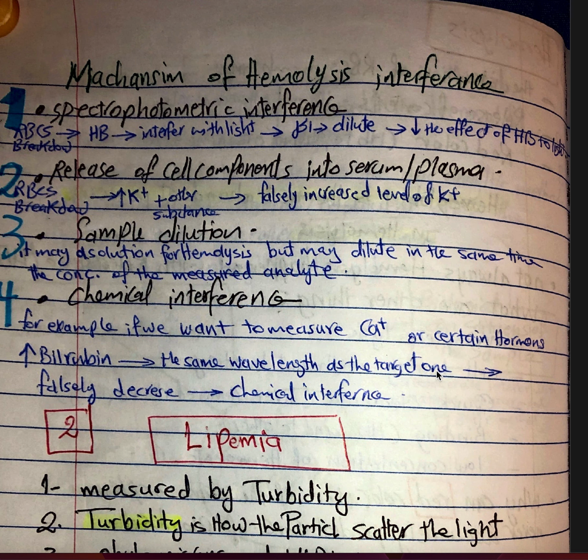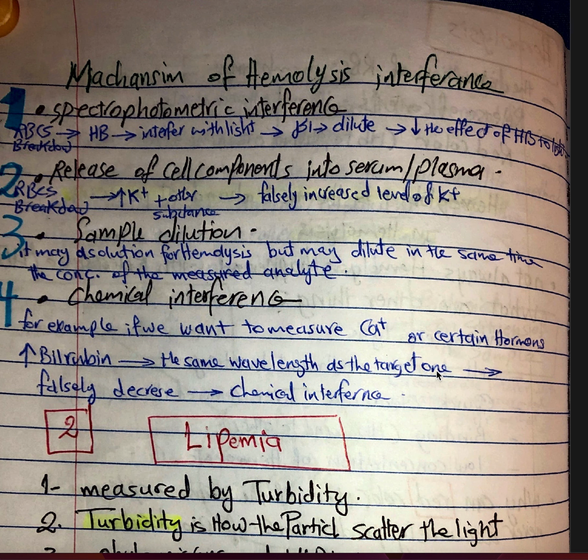That can happen due to spectrophotometric interference. I mean here, when there is hemolysis, the release of hemoglobin interferes with the light. How do we solve it? By dilution. So you remember the dilution. This dilution is also another problem: by the hemolysis, the solution will be diluted when measuring a specific analyte.